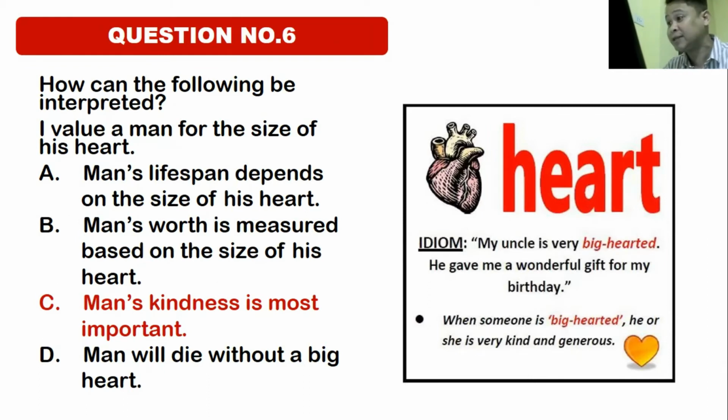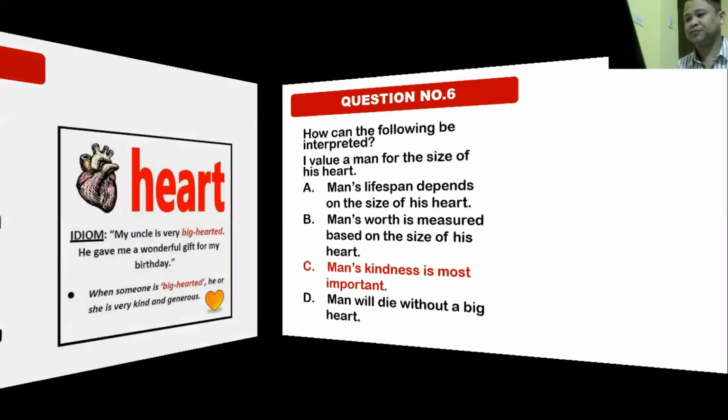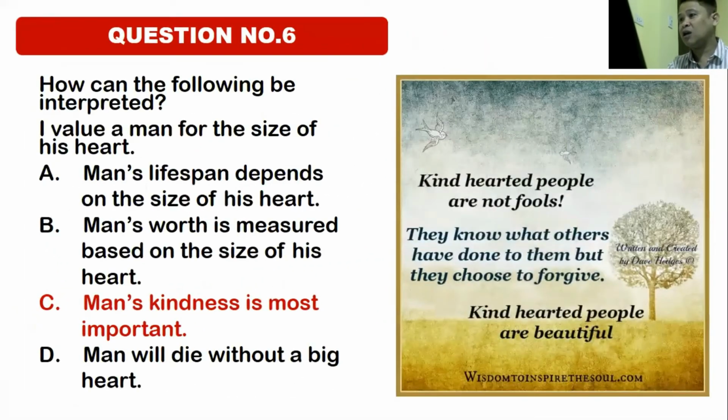When someone is big-hearted, he or she is very kind and generous. There's another one, kind-hearted. Kind-hearted people are not fools. They know what others have done to them, but they choose to forgive. Kind-hearted people are beautiful. So how can the following be interpreted? I value a man for the size of his heart. A man's kindness is most important.